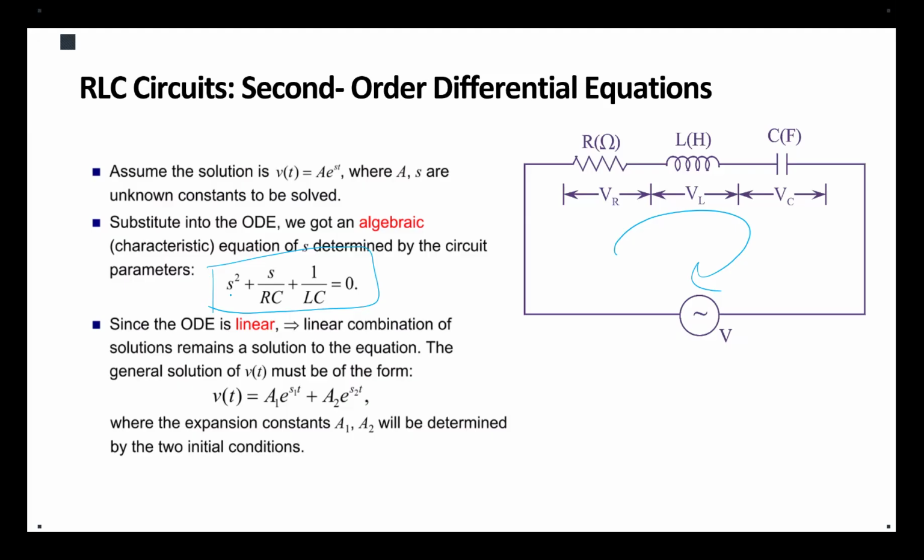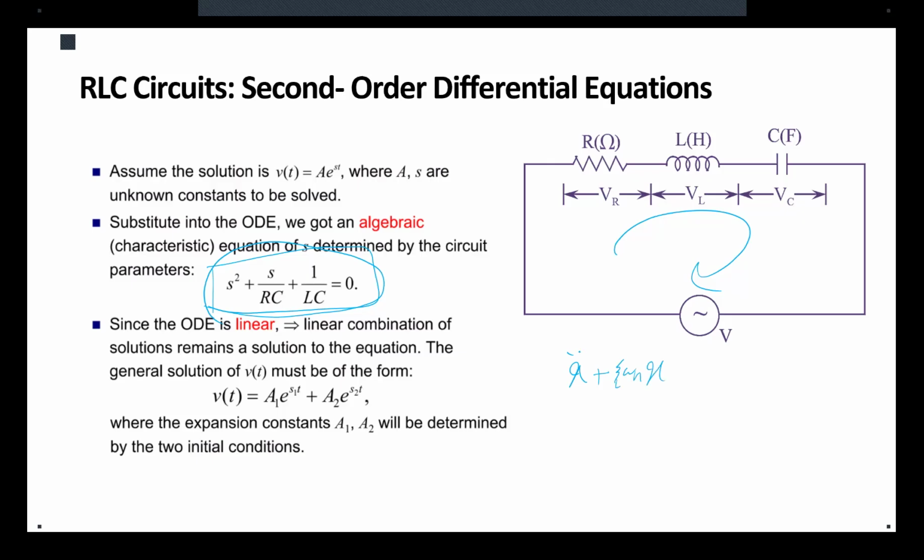Each level of differential is one s, so s squared is the second order differential of that problem. Now, a standard second order transfer function corresponds to the standard second order differential equation, which is x double dot plus 2 zeta omega n x dot plus omega n squared x equal to 0.